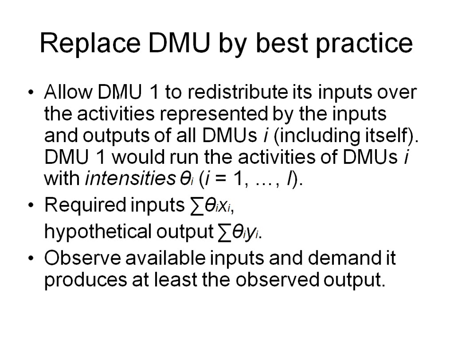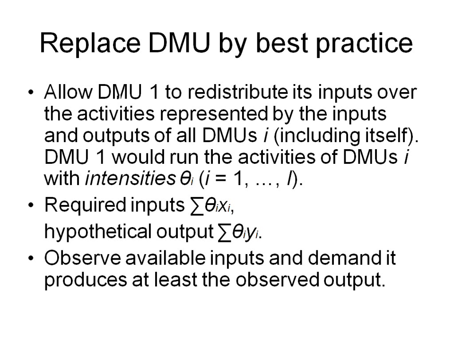So we take the inputs of a firm, we reallocate the inputs across all the other firms, we run the other firms with intensities theta 1 through theta capital I. If we would do this, making the assumption of constant returns to scale, we would get the hypothetical output of theta I y I summed over I. So that is the whole idea of data envelopment analysis.